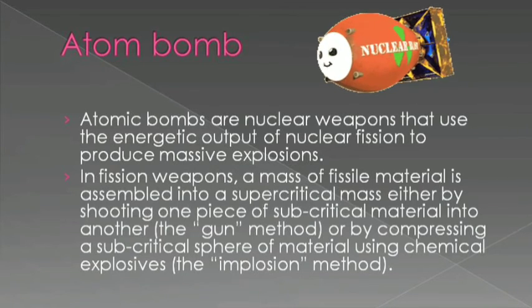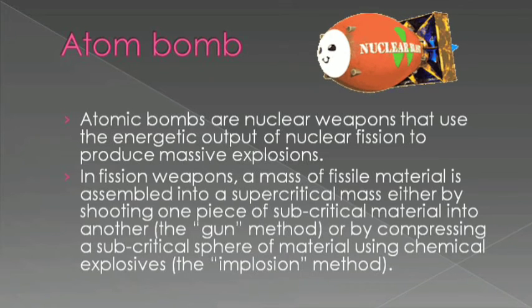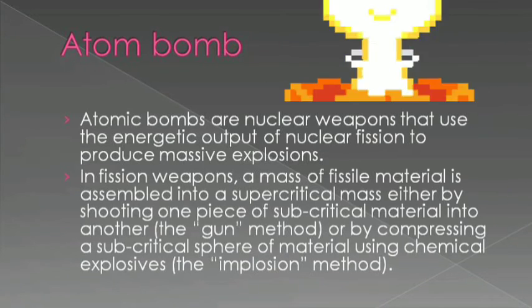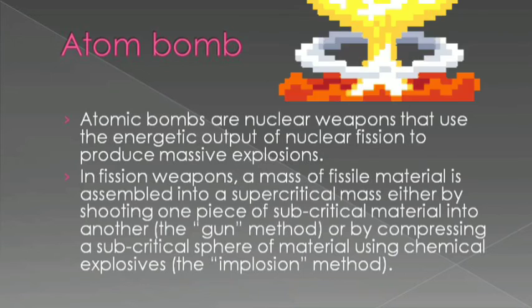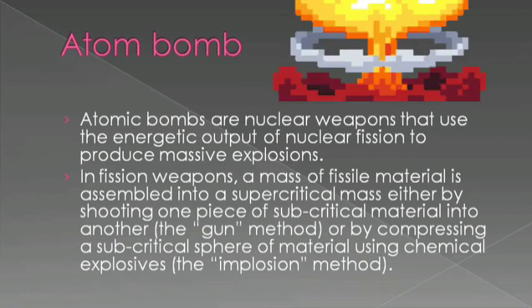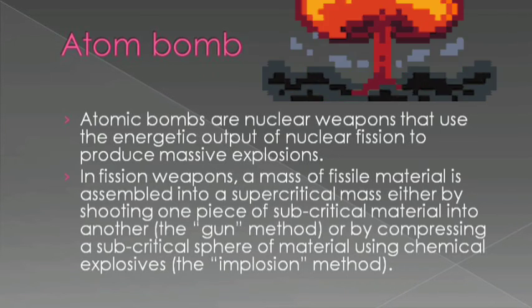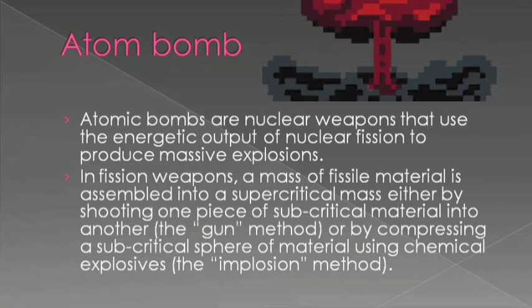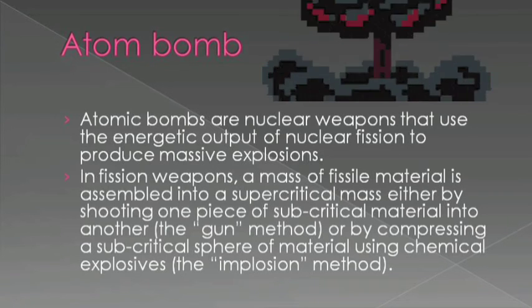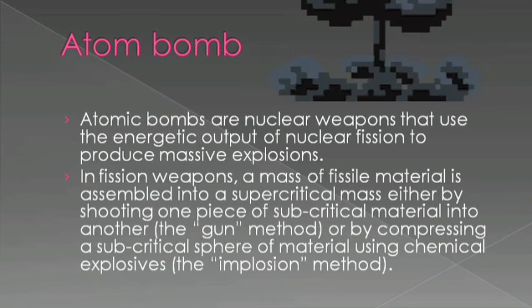In a fission weapon, a mass of fissile material is assembled into a supercritical mass, either by shooting one piece of subcritical material into another or by compressing a subcritical sphere of material using chemical explosive.